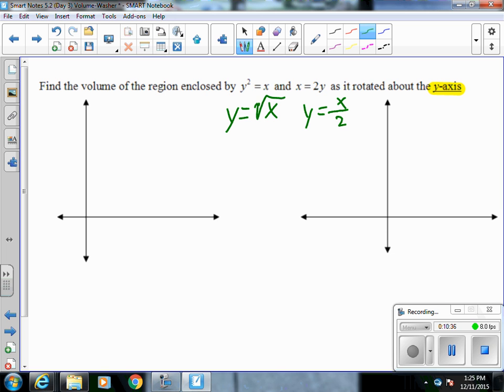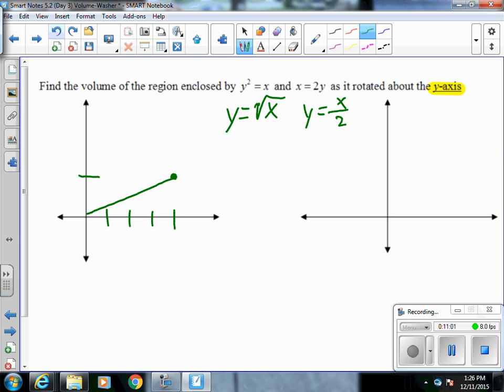And we end up with this line, y equals x over 2, which starts at 0 and goes up 1 over 2. And this line, radical x, which also starts at 0, curves up and, scratch that. Okay.